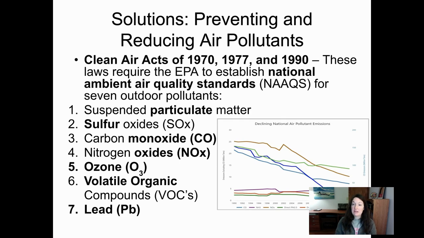They require the EPA to establish national ambient air quality standards, or NAAQS, for certain outdoor pollutants. You can see some of the major ones that we talked about here: suspended particulate matter, sulfur oxides, carbon monoxide, nitrogen oxides, ozone, volatile organic compounds, and lead.